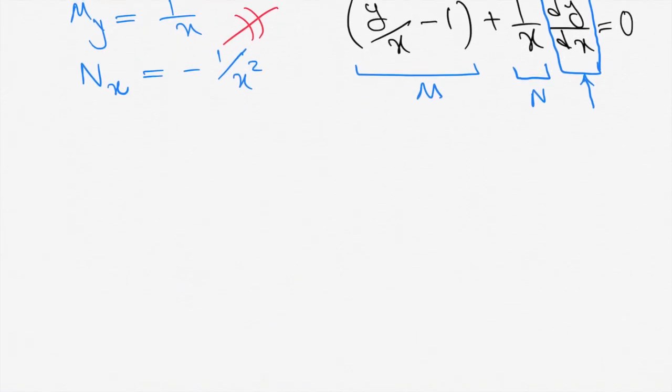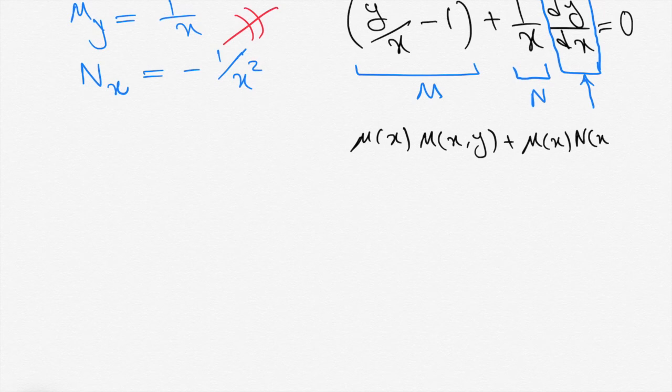So what should we do? We talked about the idea, and now we are going to say that I am going to multiply by a function like mu of x times m of x y plus mu of x times n of x y, which is a function of x y, dy dx is equal to 0, right?